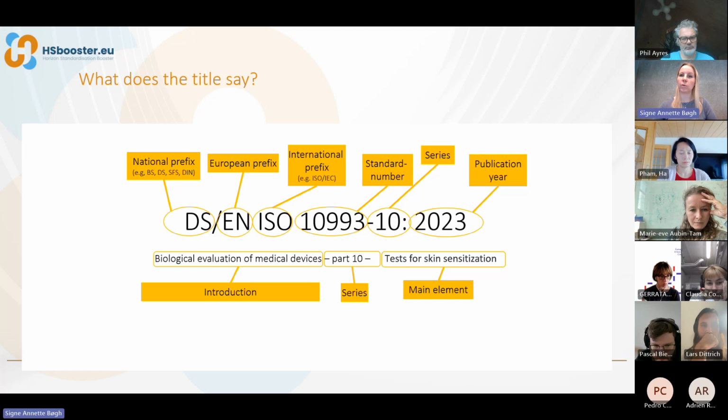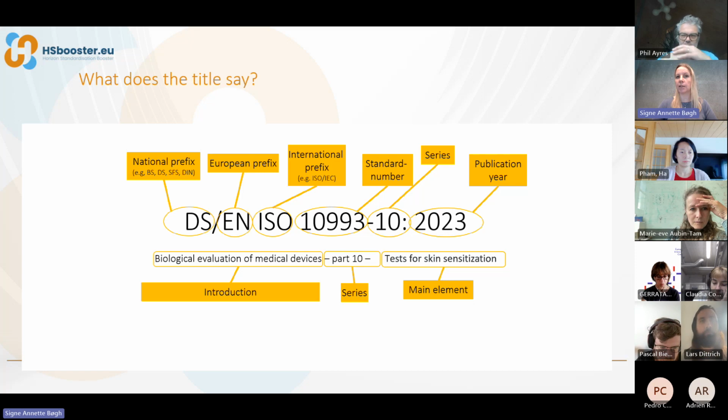The first thing you'll have when looking at a title is what's called a national prefix. That basically means this one, DS, stands for Danish Standards, so that's from Denmark. So this is the national prefix of Denmark, and that means that we have implemented this standard in Denmark. And what does implement mean?